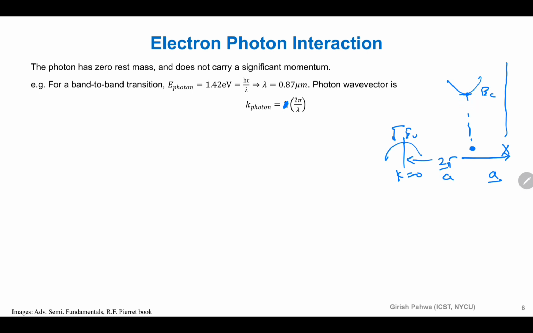Let's not talk about fractions, so let's assume that it is 2 pi by a. So the maximum k vector that an electron can have is 2 pi by a or of this order.